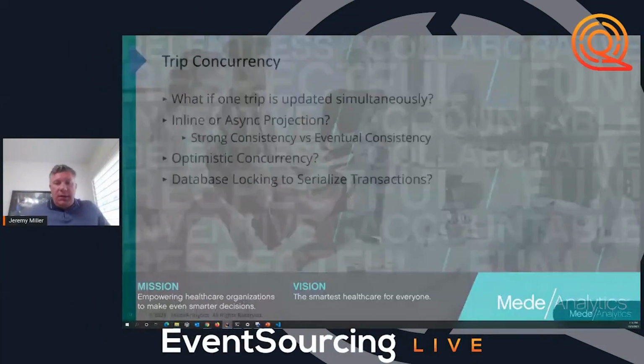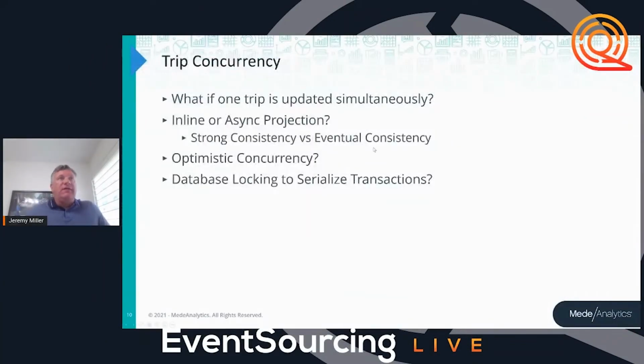Okay, a couple more comments on this. Our next thing about concurrency, something maybe a little specific to Marten, is the projections. If we are constantly building up that trip aggregate from our events, we actually have the choice in Marten. We can say that the trip will be built completely inline.